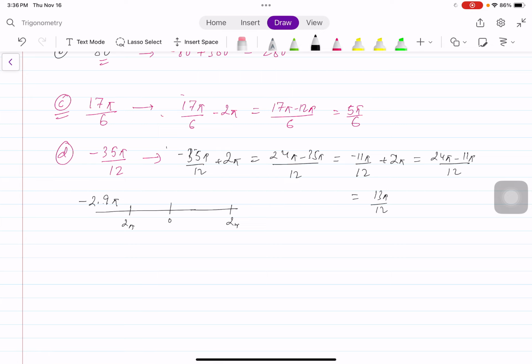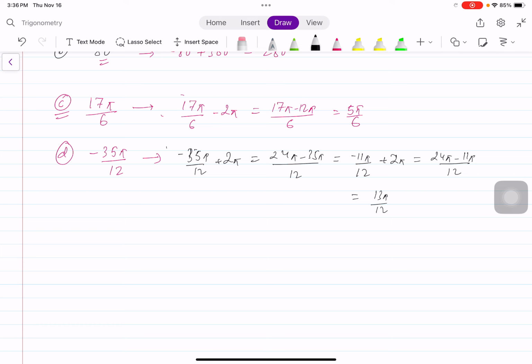So when you move 2 pi here, you will have to move 2 pi here. So you have to use some common sense also sometimes to save your time, otherwise this is how we can solve it.